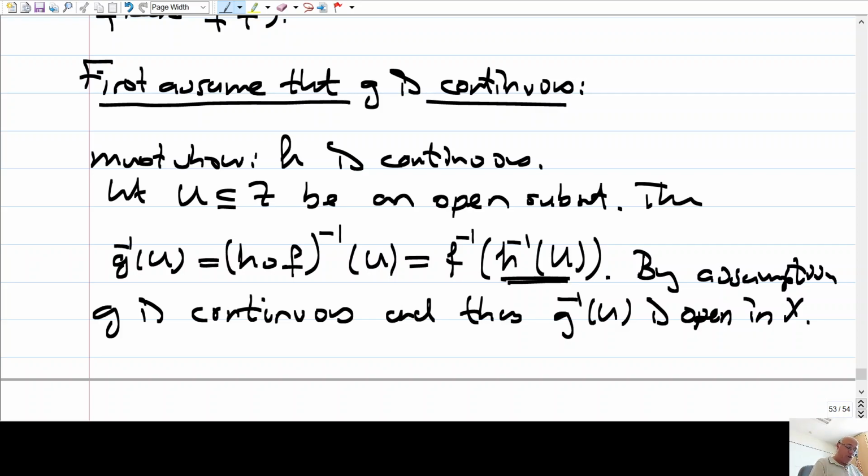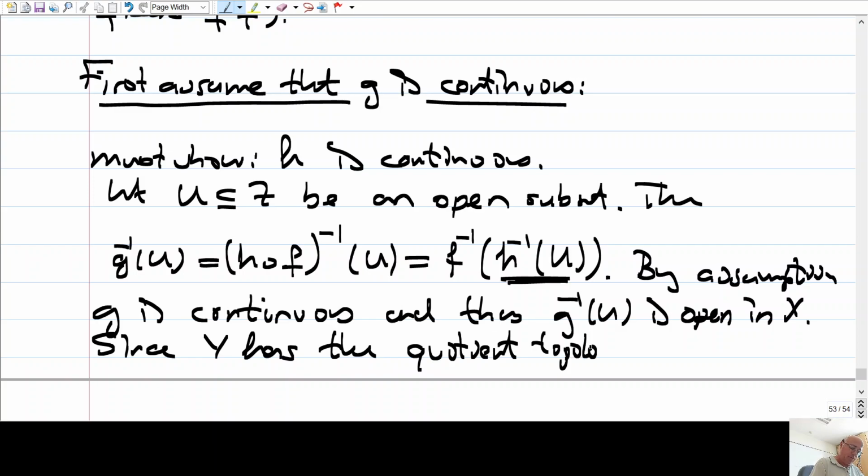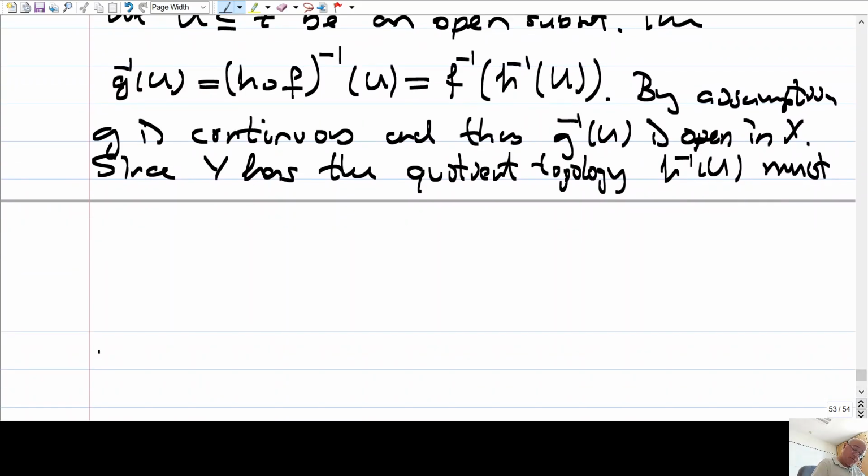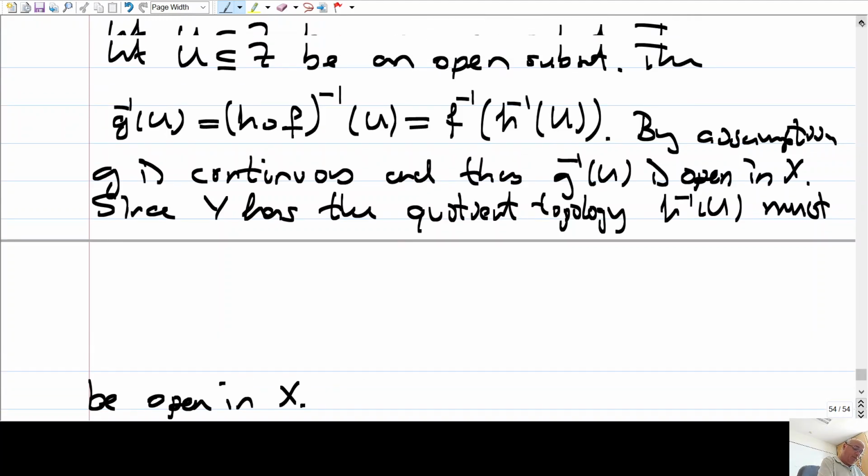Since Y has the quotient topology, then this set must be open. Since Y has the quotient topology, H inverse of U must be open in X. But let's see what we have.